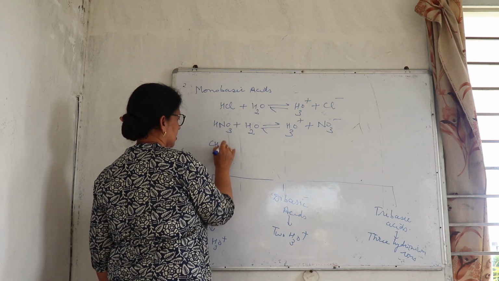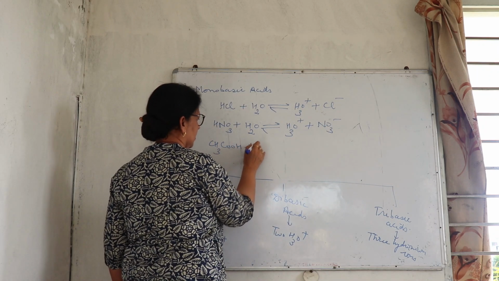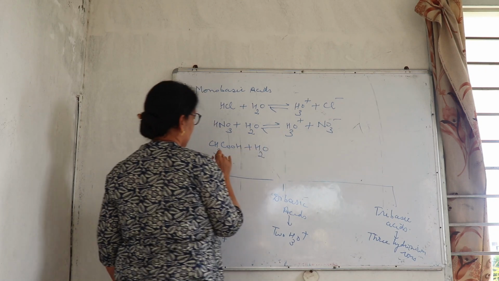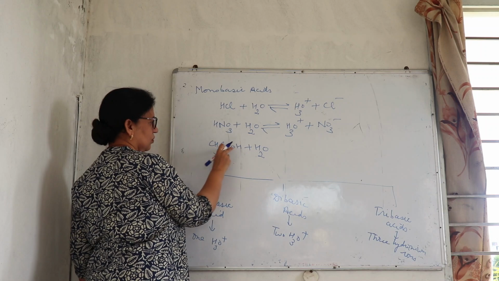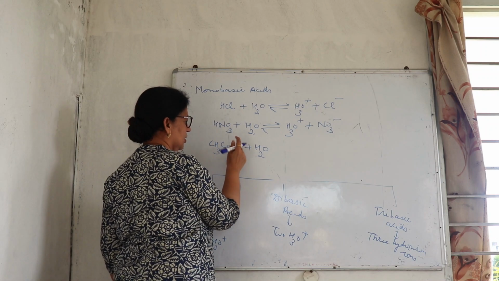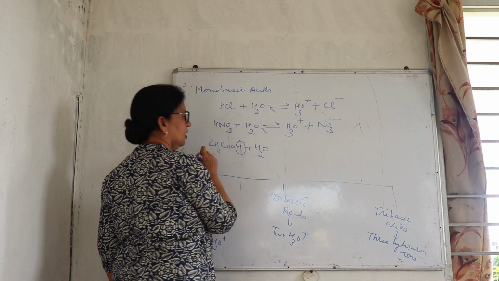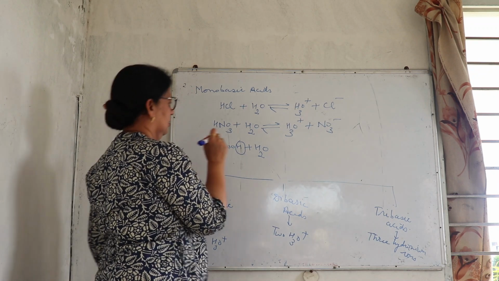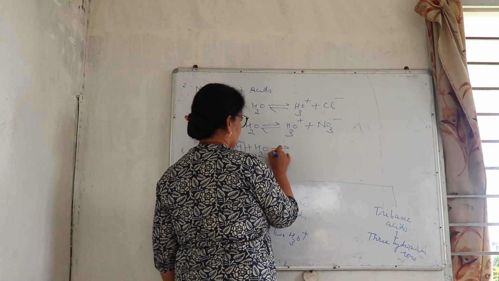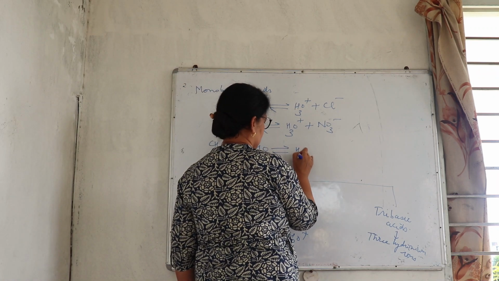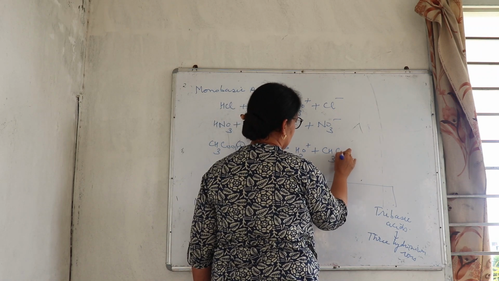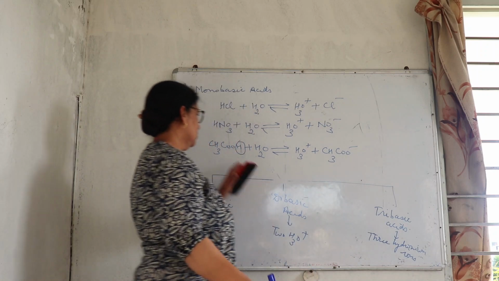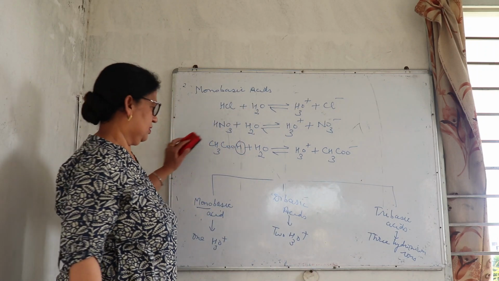Acetic acid plus water: as this has 4 hydrogens in it, but only one hydrogen will ionize to produce hydronium ion, H3O positive plus acetate ion. So this is also one of the monobasic acids.